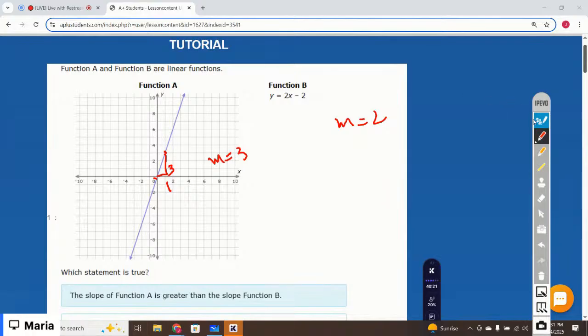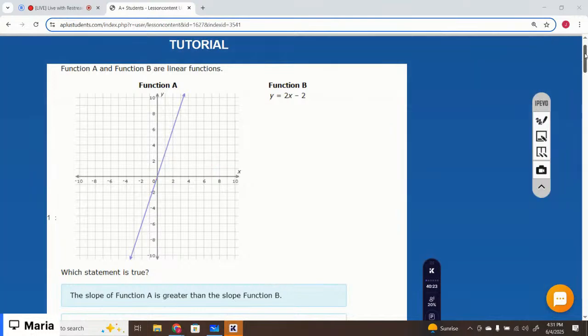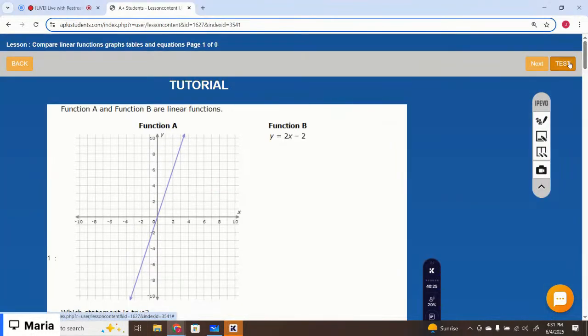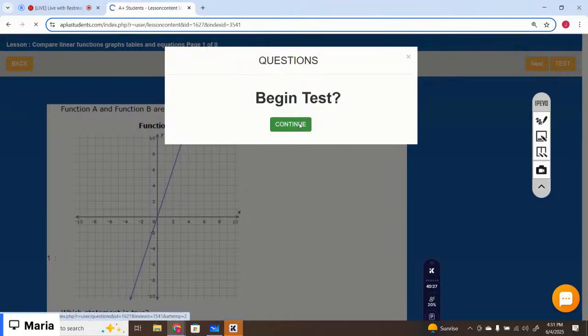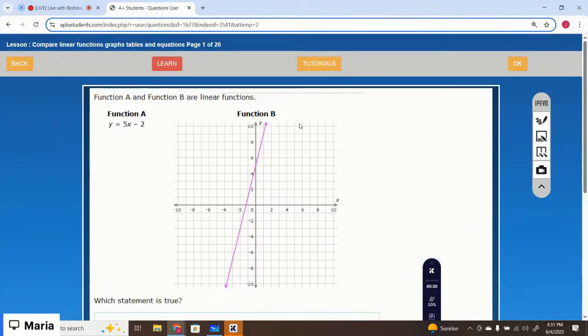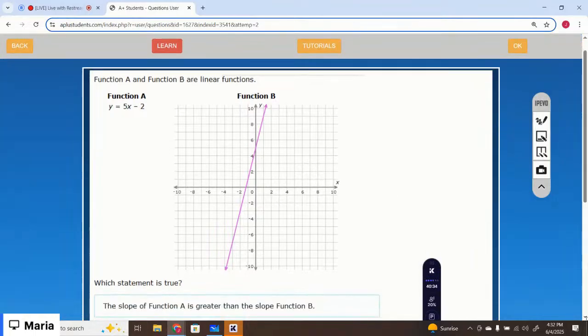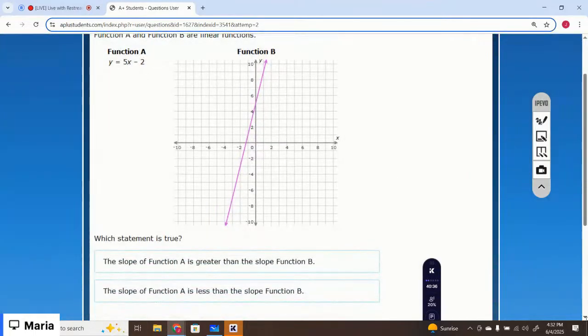Okay, let's just start with the test questions. Function A and function B are linear functions. Which statement is true?